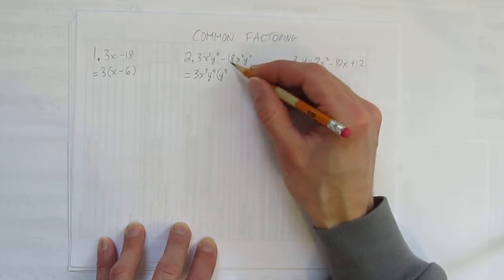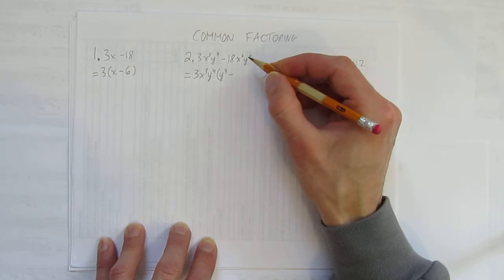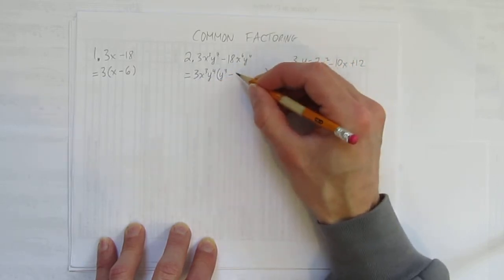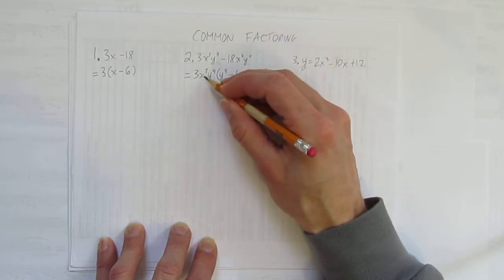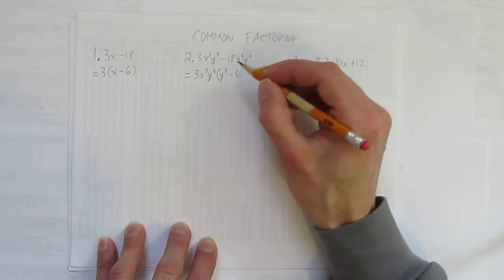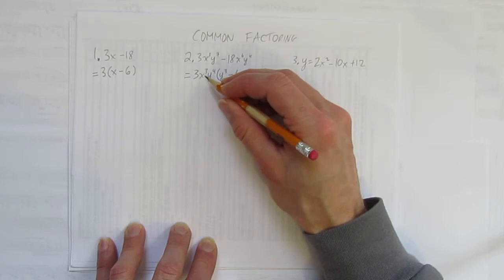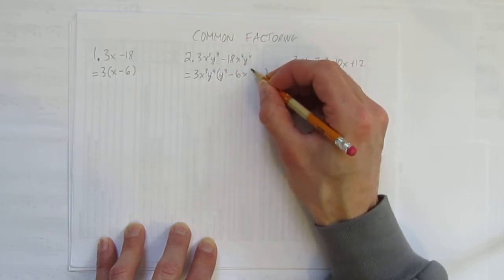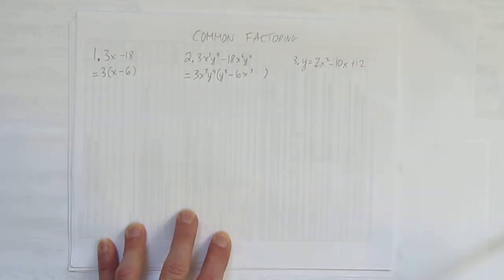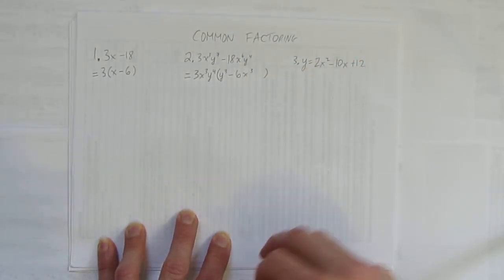Now our second term. Let's put the minus so we don't forget. What's 18 divided by 3? 6. What's x to the power 6 divided by x to the power 3? When you're dividing, you subtract the exponents. So 6 take away 3 leaves x cubed. Probably can move that bracket a little closer because we're done.